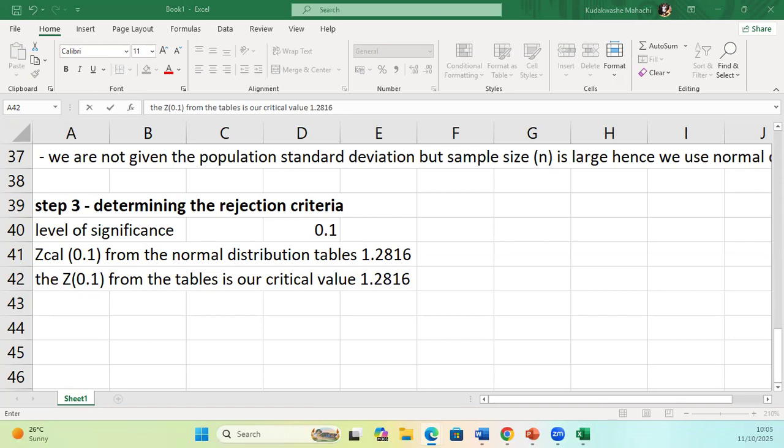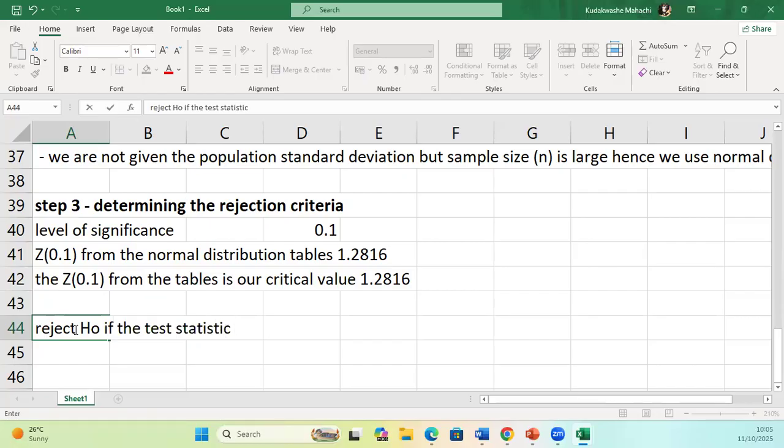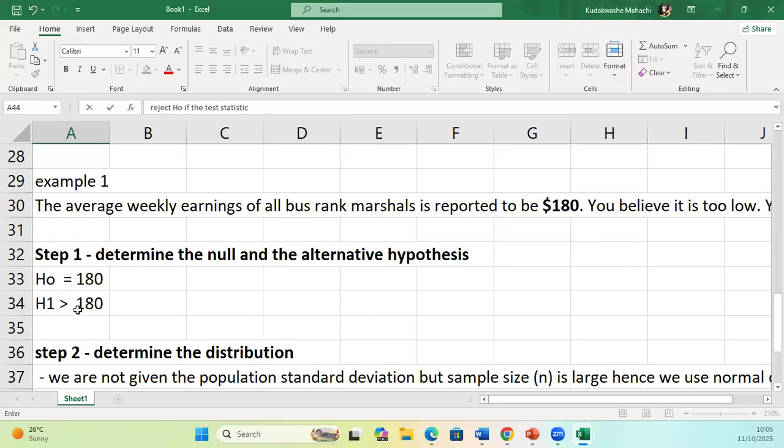After we have obtained our critical value, let's not call it Z alpha from the table, let's call it the critical value. After we've obtained the critical value from the tables, we then say reject H naught if the test statistic, that is the one that we're going to calculate in step number 4, is, remember we are saying H1 is greater than 180.